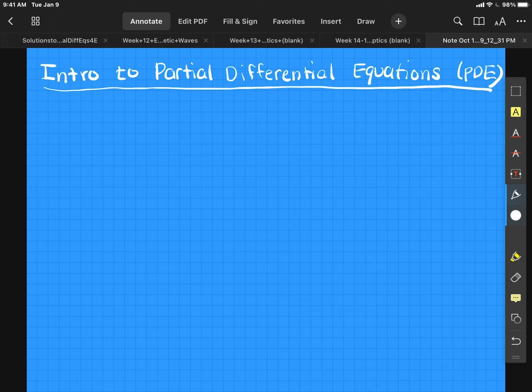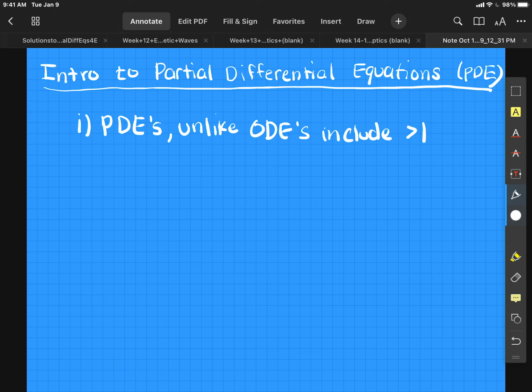So first and foremost, PDEs, unlike ODEs, which again are ordinary differential equations, include more than one independent variable.